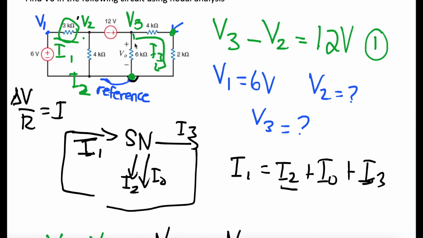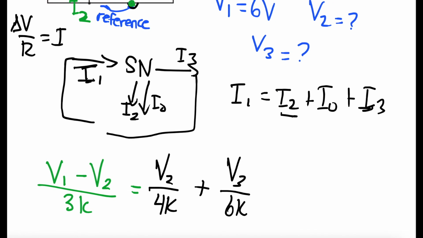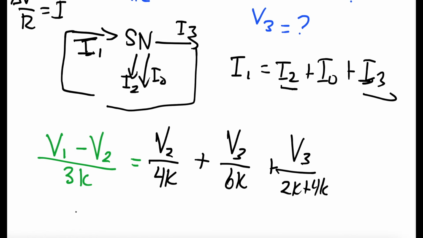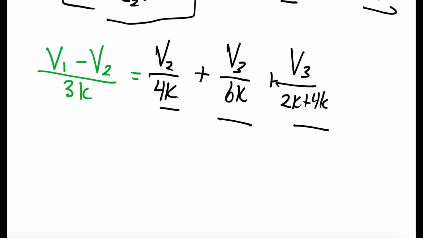So there's a V3 coming this way down here, which is I naught, and there's a V3 going to the right, which is I3, which is 4K plus 2K, right? So essentially we're going to get plus V3 over 2K plus 4K for what I3 is. So essentially we have our I1, our I2, our I naught, and our I3. So that is our nodal analysis equation.